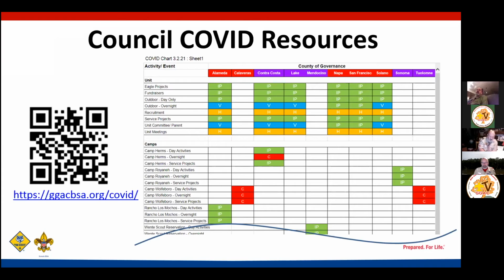As an example, this chart, which is just a screenshot, tells you what district, what activity, and what you're allowed. Green is in person. So if you wanted to see what is allowed for your unit, based upon your Alameda County and stuff like that, this website that the council's put together is a great place to go.